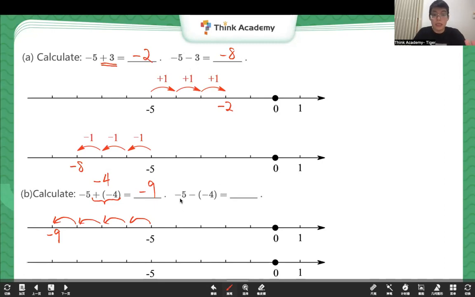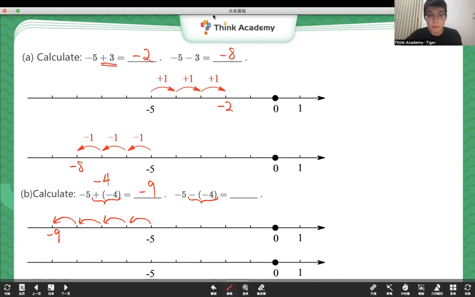And what about negative 5 minus negative 4? Just like what we did just now, we can take the whole thing right here and try to simplify it. So now if I have two same signs, is it going to be a positive value or a negative value? Positive.